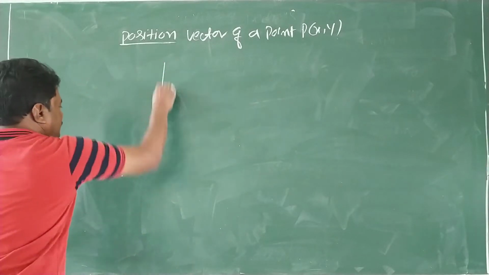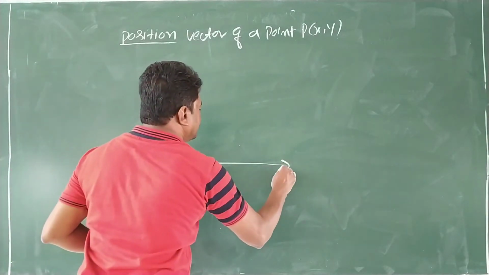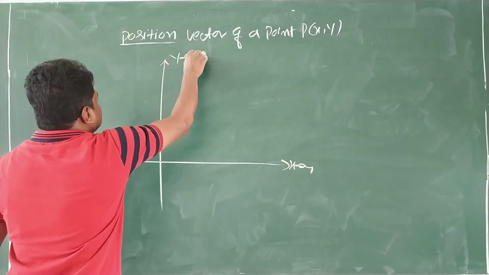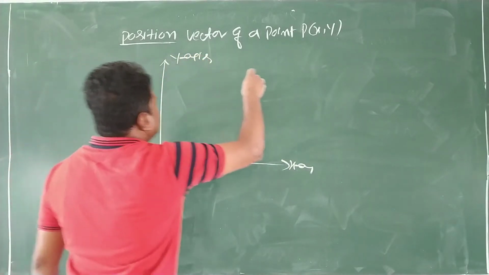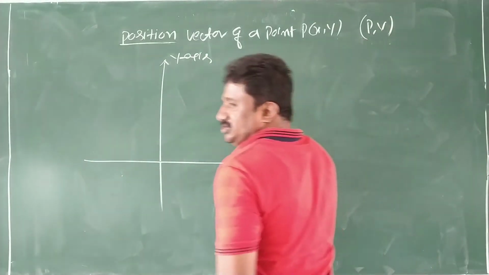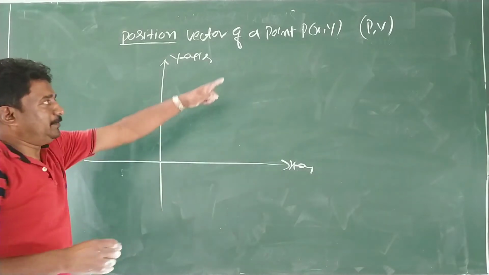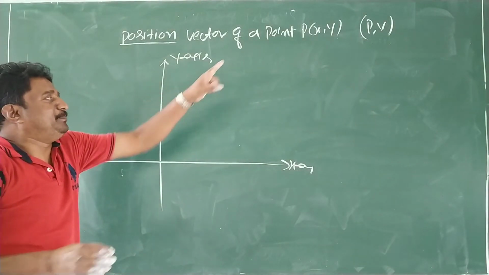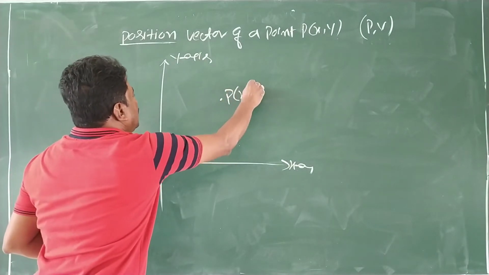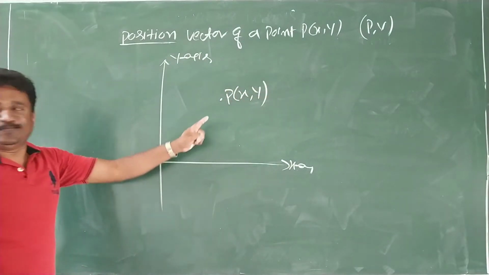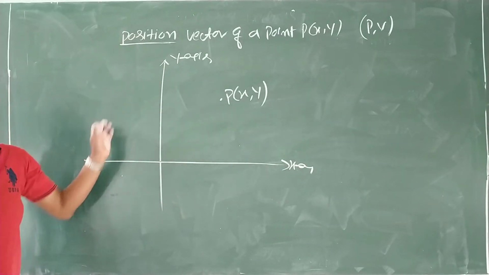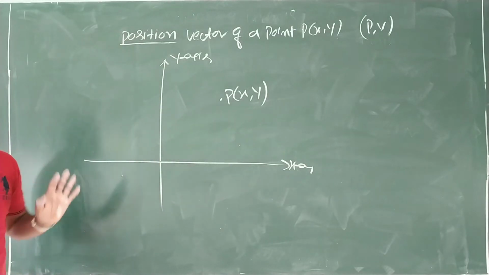Look at this, students. This is the x-axis, this is the y-axis. Position vector, in short form we say PV. I take the point P(x, y) anywhere on the plane, in the first, second, third or fourth quadrant, wherever you wish.